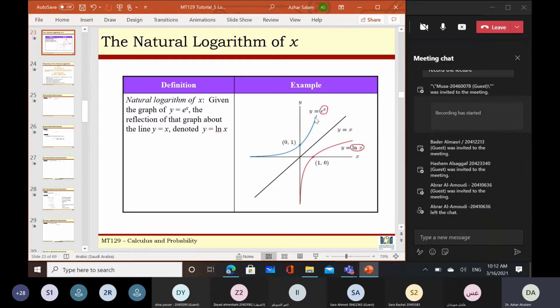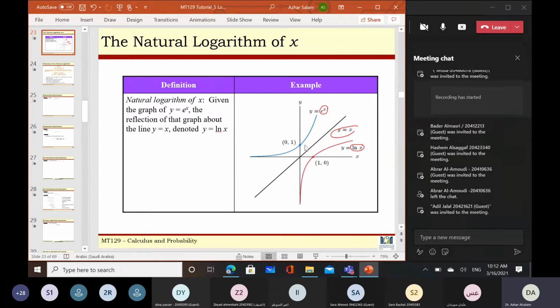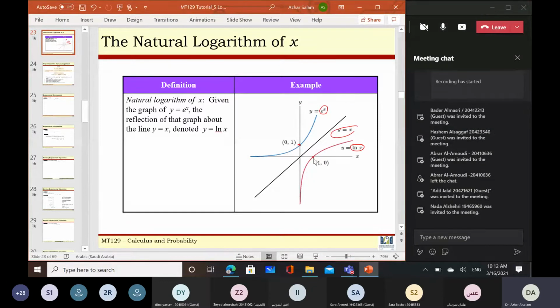It's like a mirror or a line of symmetry around the line y equals x. It's as if I fold the plane around the line y equals x and get the inverse function of the exponential function. If (0, 1) is on the graph of e to the x, then (1, 0) is on the graph of ln x.